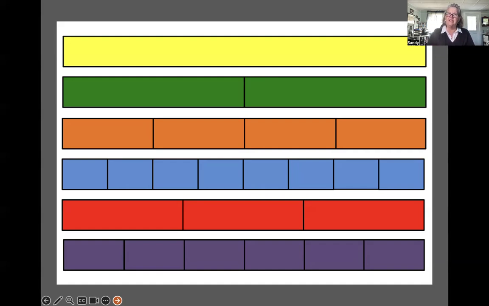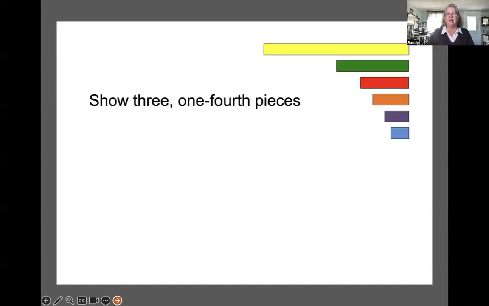Now, one other idea that's important for your child to understand is the ability to show multiple versions of a unit fraction. A unit fraction would be a fraction that has a numerator of 1. So if I ask your child to show me 3 1/4 pieces, they might hold up, in this case, 3 of those orange pieces.